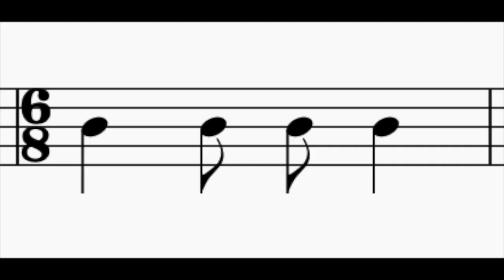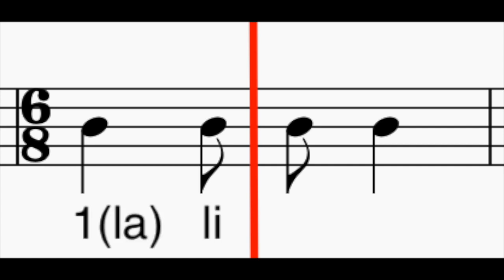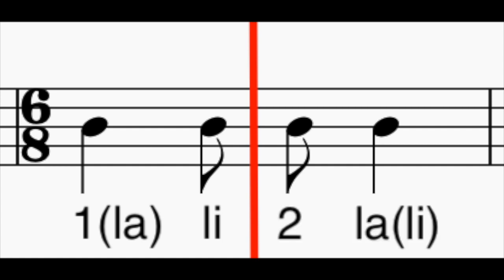Let's try another one. This one's a little more complicated because we actually have to think about which beat we're saying out loud. When we split our measure in half and look at our first rhythmic word, we see that it's the quarter note followed by the eighth note, which we remember from our rhythmic words is 1 li. Then in the second half of the measure, it's reversed. We recognize this rhythmic word from our list before as 1 la or 2 la.